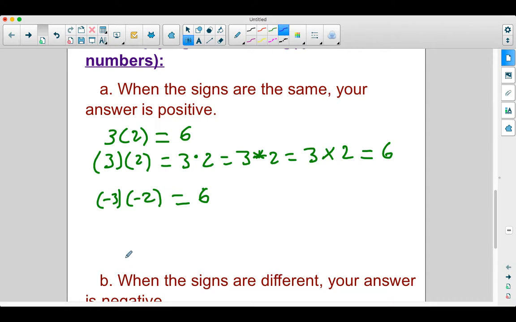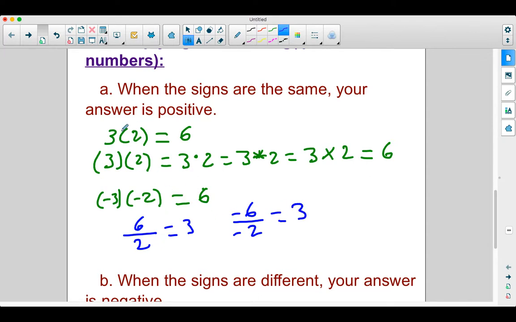If you have positive 6 divided by positive 2, your answer is positive 3. If you have negative 6 divided by negative 2, your answer is positive 3.